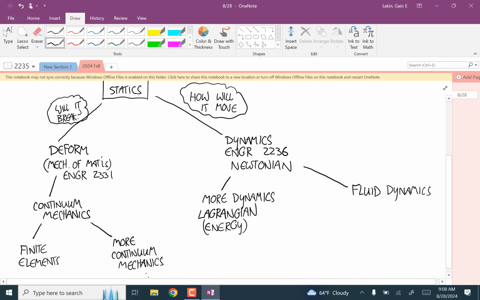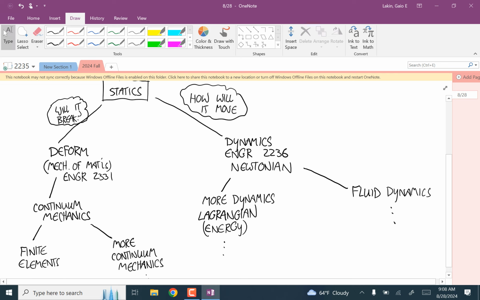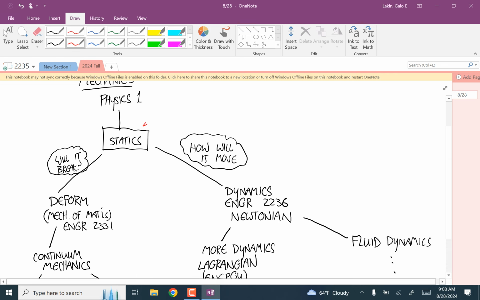But then these two, you can keep going forever into advanced dynamics and stuff like that. Okay, so you are here. This is a map for you to try to escape from engineering.